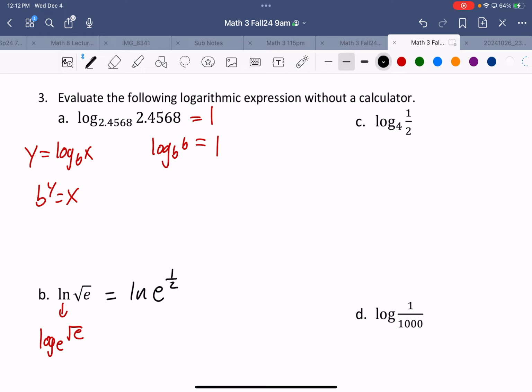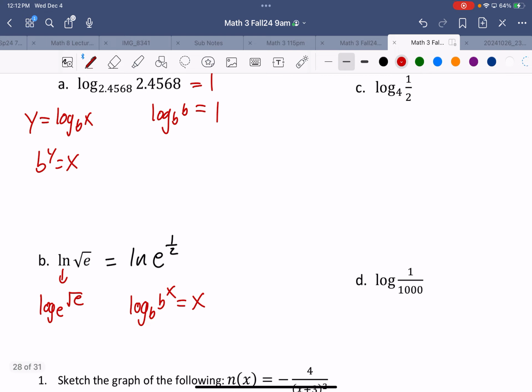So that allows me to use this property that says when your base and your argument are the same, you can take your exponent and it equals it, right? Or for the natural log, it looked kind of like this. So that means this is going to be equal to 1/2.